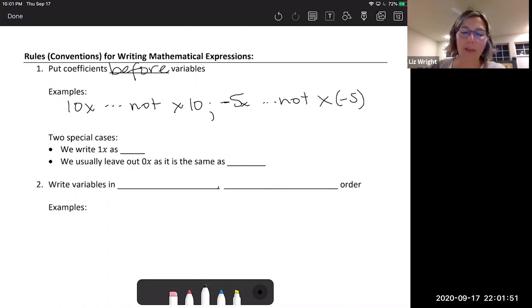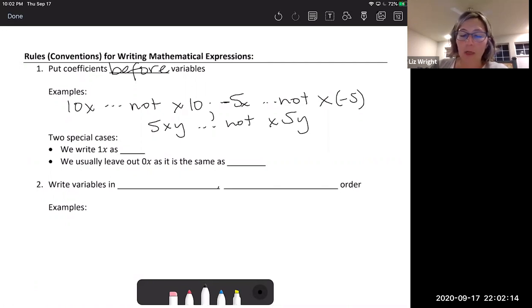It also kind of looks like somebody might misinterpret that to be x minus 5. Another one that you might see is we would write 5xy, not x 5y. So you want to put the number all the way to the left and make it look like the coefficient, because it is a coefficient.